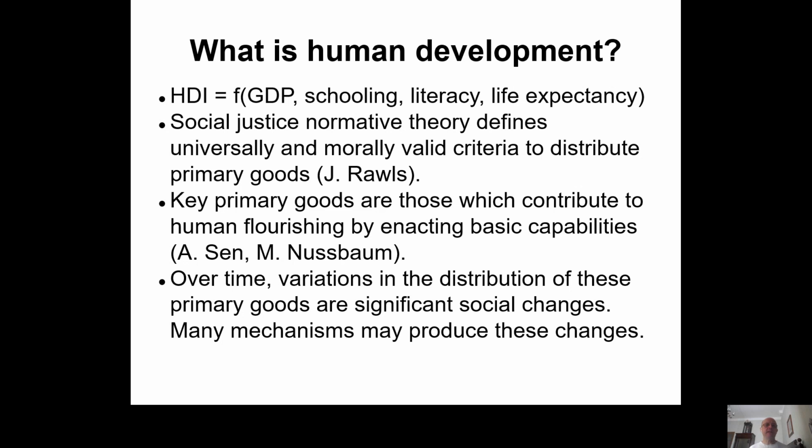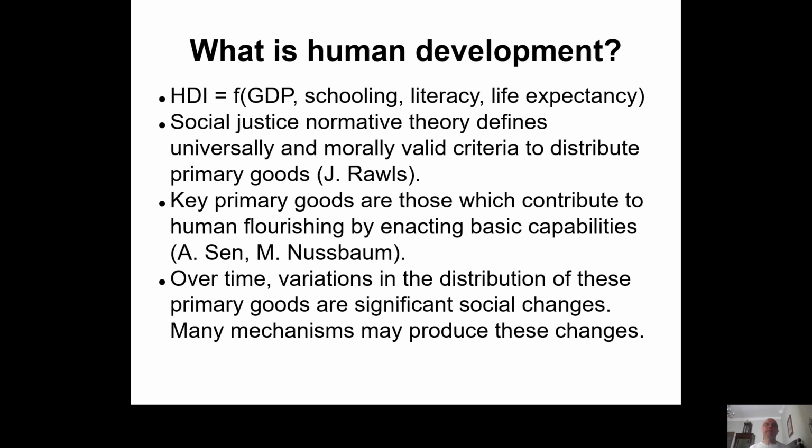The United Nations Development Program developed the Human Development Index in the 1990s in order to show development that does not only depend on the gross domestic product, but also on other social aspects that have to do with welfare or human capabilities.